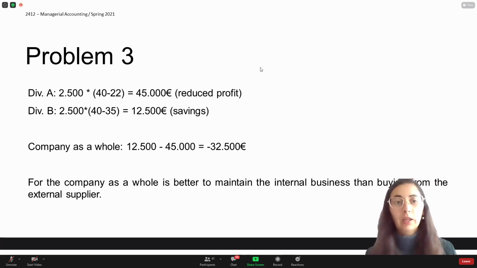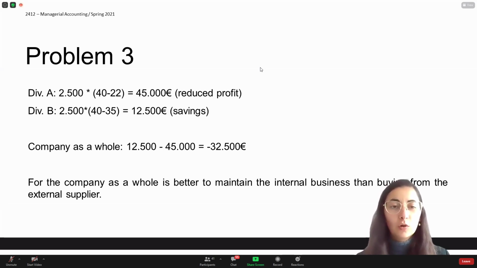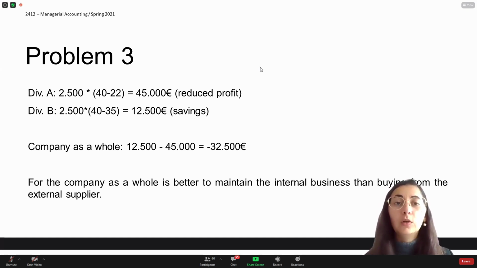We could just calculate the impact on division A. For division A, they would have a reduced profit of 45,000, which would be the contribution margin lost on the 2,500 units that division B will stop purchasing from them. And division B will have savings of 12,500, as we talked about before, from the €5 that they will save by purchasing 2,500 units from the blue company.